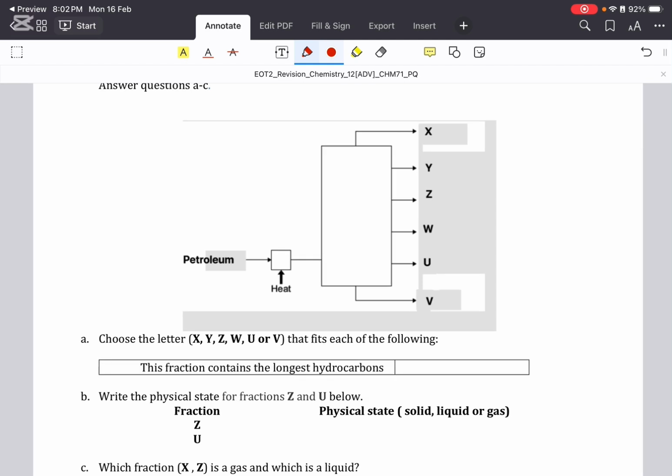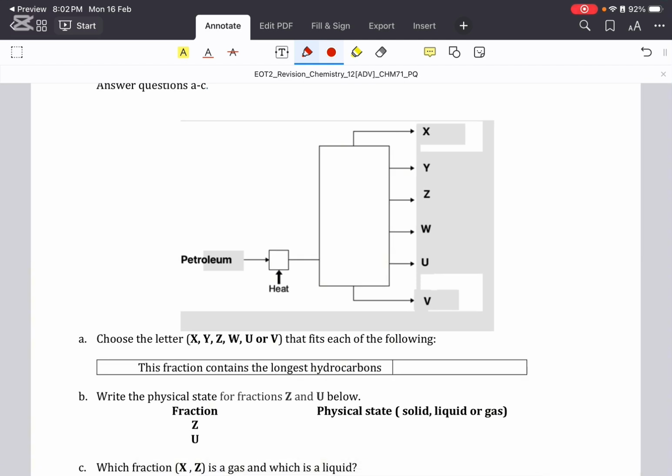Now here, this is the furnace. This is where the petroleum enters and it is heated and changed into steam. And then it's going to go into the tower. Now, keep in mind that at the top or at the bottom, I obtain the fractions.